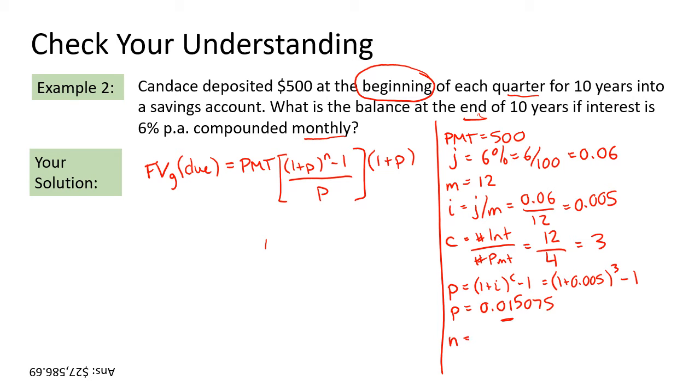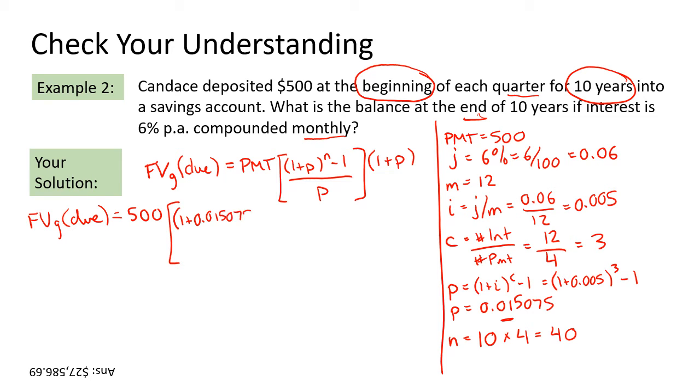Last term, N. She's paying for 10 years, so it's 10, multiplied by 4 payments a year because it's quarterly, so N is 40. Substituting all of these values in, our future value, a general annuity due, is equal to 500 times 1 plus 0.015075 to the exponent 40 minus 1, divided by the same equivalent rate of interest, 0.015075.